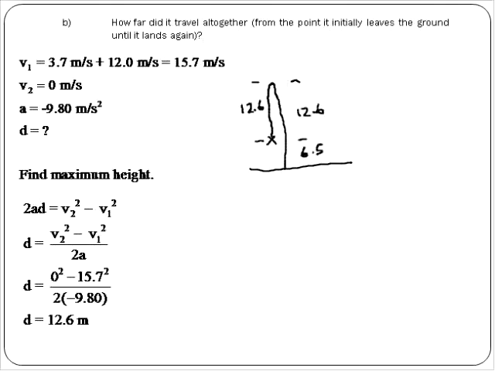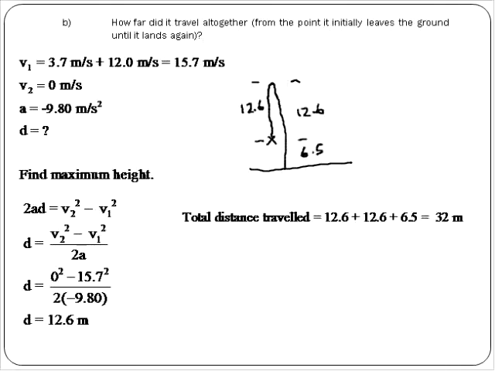So to get the total distance, all I've got to do is add all that together. I get total distance is 12.6 up, then another 12.6 down to get back where it started from, and then another 6.5 to get all the way to the ground. Add all those together and round it off to 2 significant digits, you would get an answer of 32 meters.